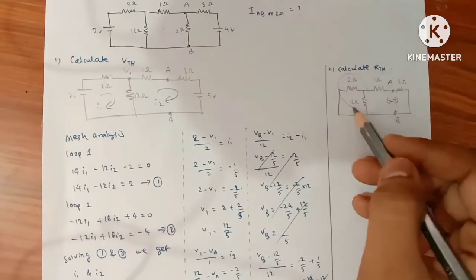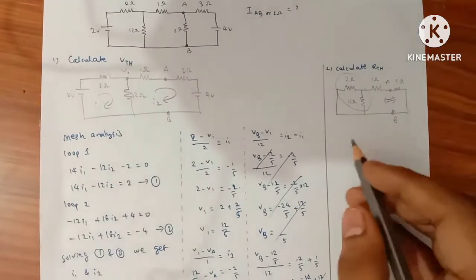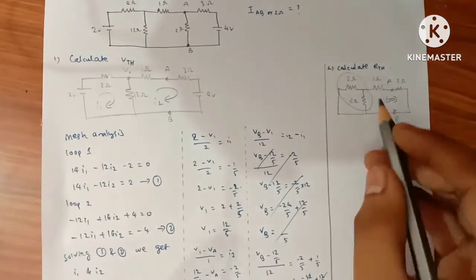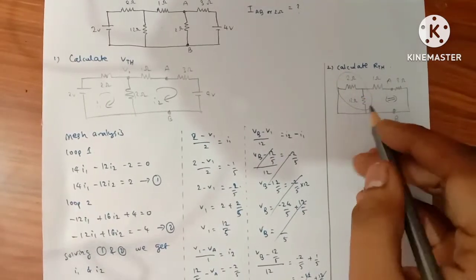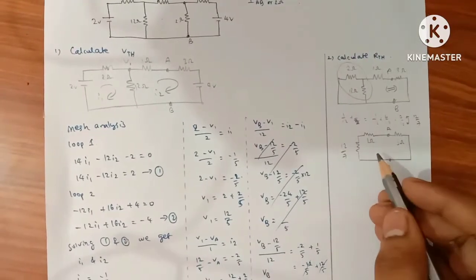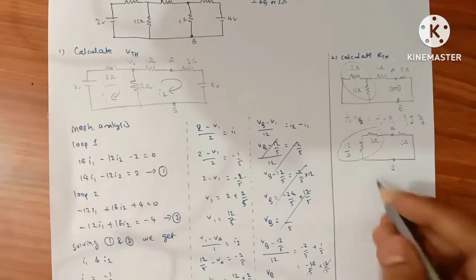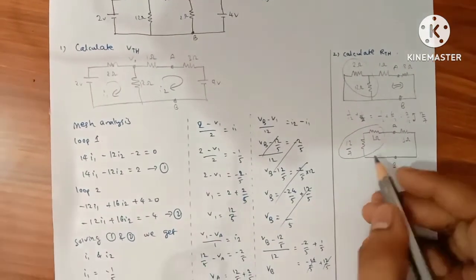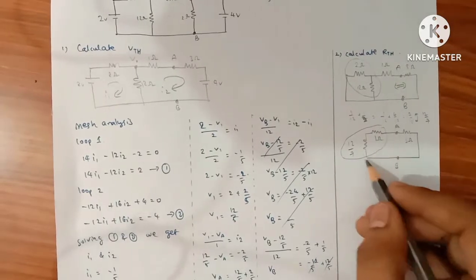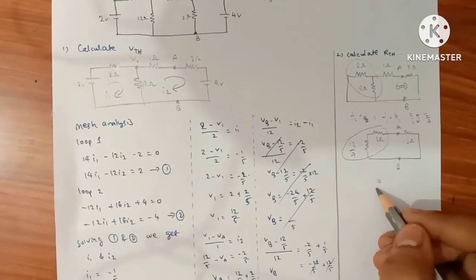Here 2 and 12 are in parallel, so the equivalent circuit looks like this. Again this 1 ohm and this 12 by 7 are in series. Then we are going to get 19 by 7.